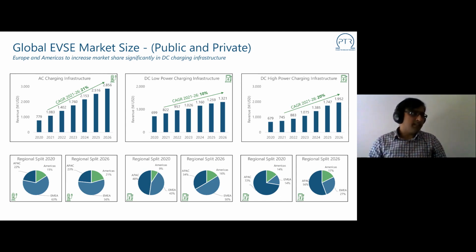From the growth patterns, you can see that DC low power charging infrastructure will still grow, coming from markets which are more nascent, emerging markets for e-mobility. So DC low power charging is not going to vanish altogether, but high power charging is where we expect the most growth. This sector will definitely impact the overall T&D market and especially the transformers market.